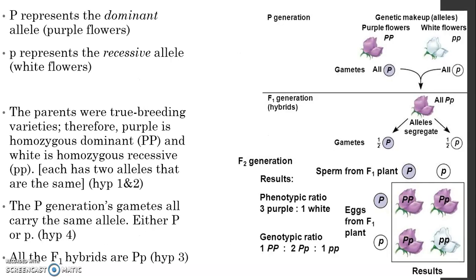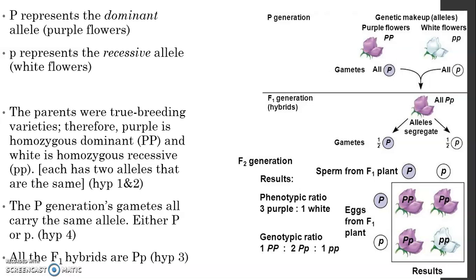Here's a picture showing you the same experiment from the picture we looked at previously. It has a little bit more detail because it's showing you the alleles segregating and what the gametes can give you. This is for you to look at if you need a little more detail on how he figured out the hypotheses.